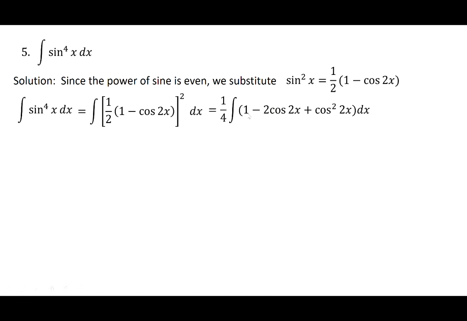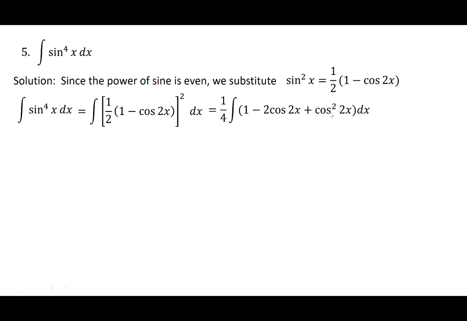Can we integrate 1? Yep. Can we integrate 2 cosine 2x? Yep. Can we integrate, oh no, cosine square 2x? How do we integrate that? But notice, that's an even power of cosine. So that means we will resort to the same technique.